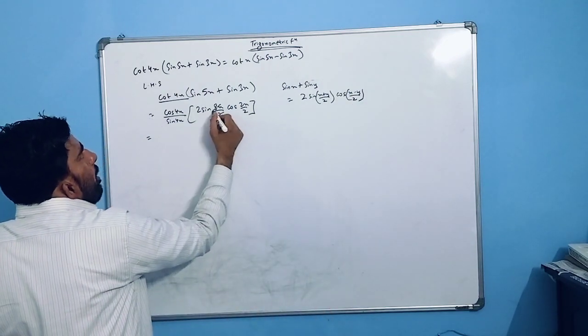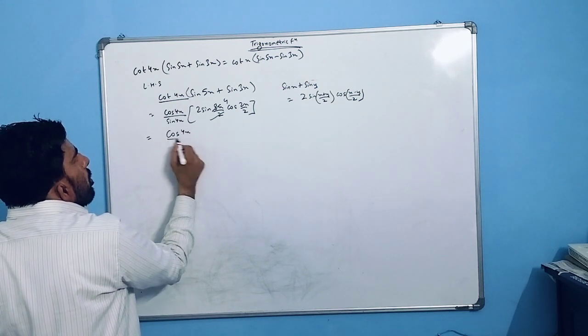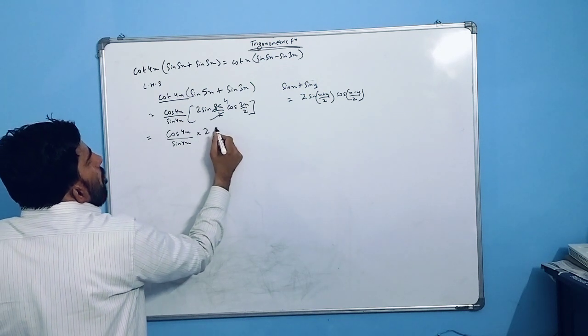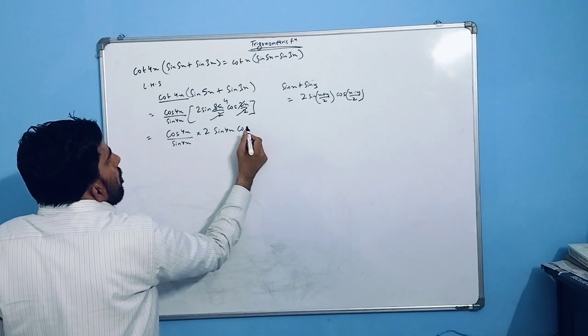So now what I will get here: cos 4x upon sin 4x into 2 sin 4x cos x.